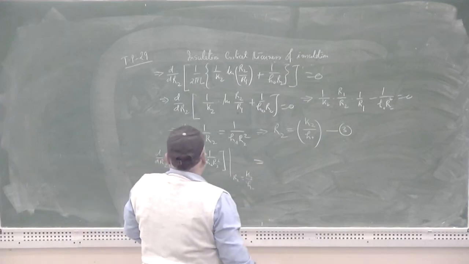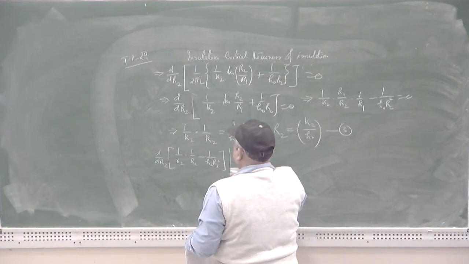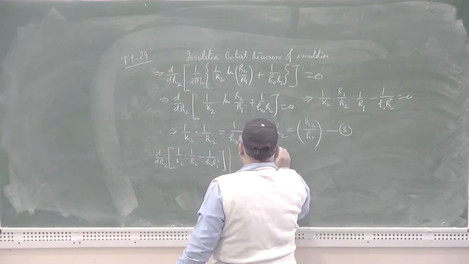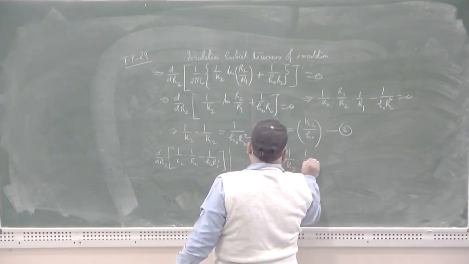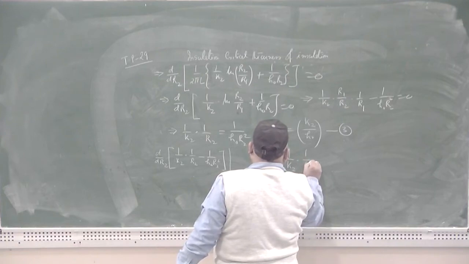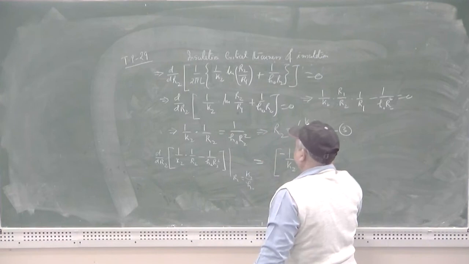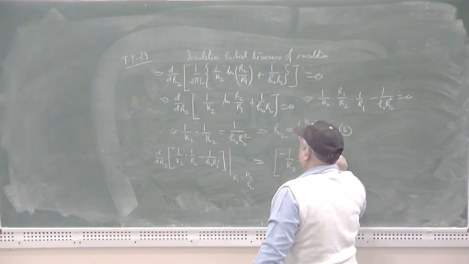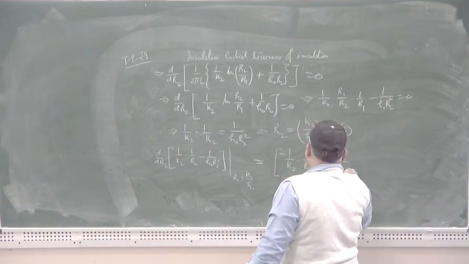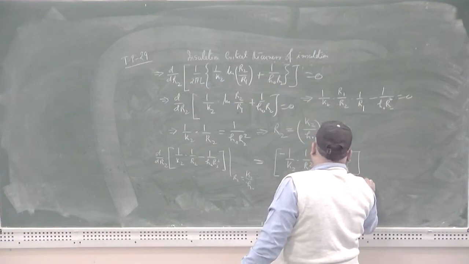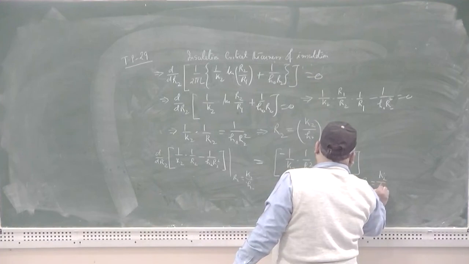First I have to differentiate this. That will come as 1 by K2 into minus 1 by R2 square plus 2 divided by h0 R2 cube. The value of R2 is equal to K2 upon h0.